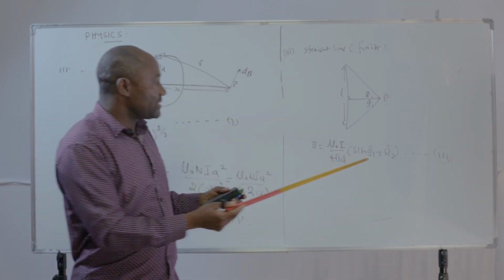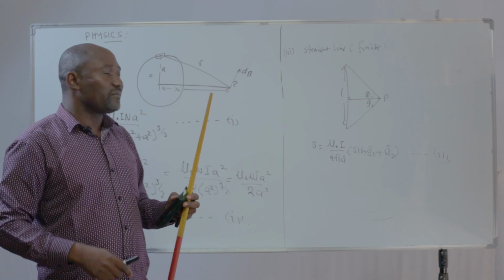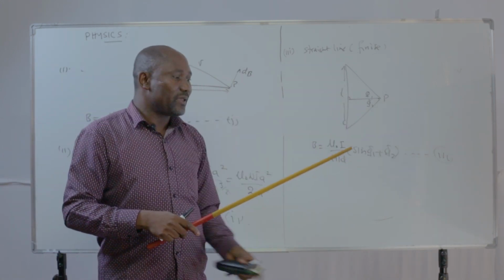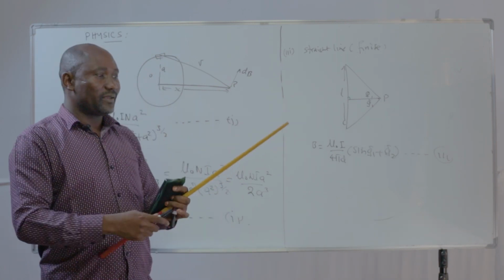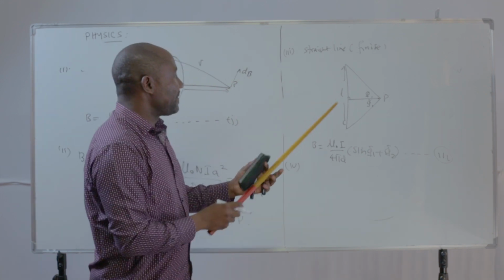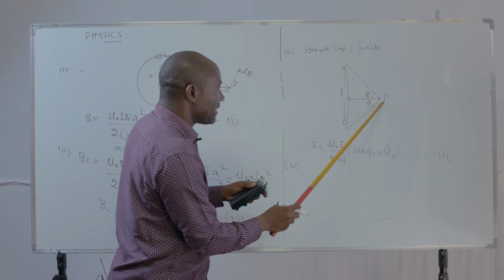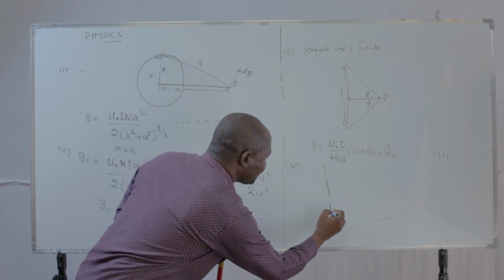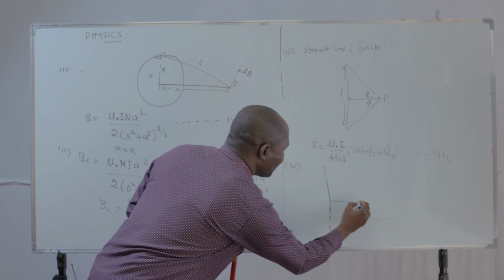But using the same formula, you derive the formula for finding the magnetic flux density from a long wire. A long wire, so that is case number 4. For a long wire here, that end is not there. So P is somewhere in the middle, but we normally draw a line like this. This is a long wire.